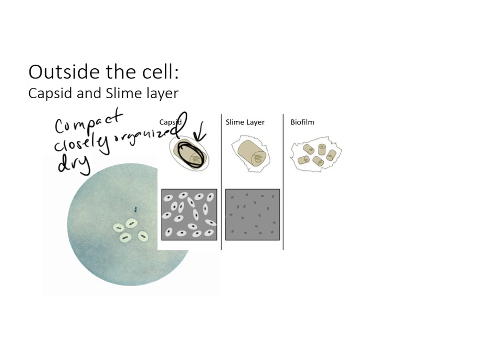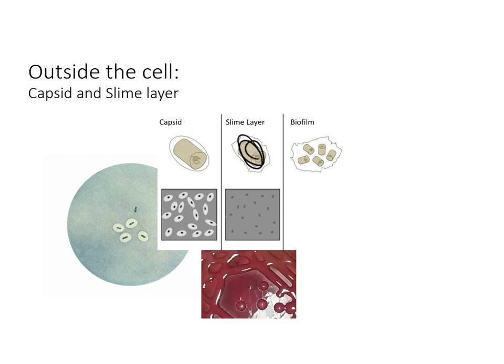Now, slime layers are made up of carbohydrates like capsules are, but they look a lot different, and you can probably guess how they're going to look just by thinking about the name. Here is our bacteria in this sort of brownish color, and the line around it indicates the slime layer. Looking at the little diagram below, you can see that there's not really any sort of halo around these cells.